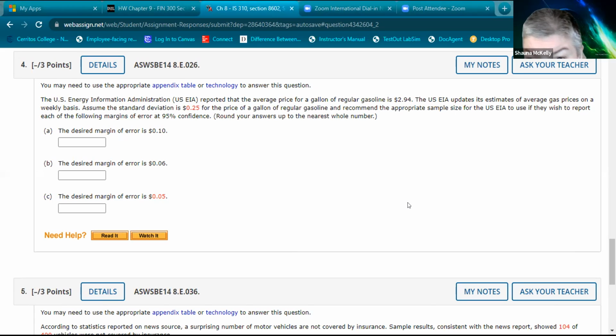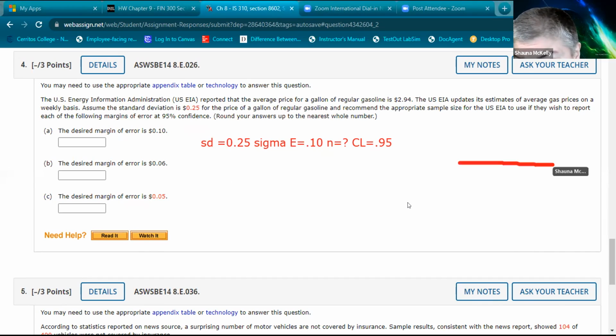Now, if you want to find Z, remember that your confidence level is 0.95, but you need to know what your alpha is, okay?